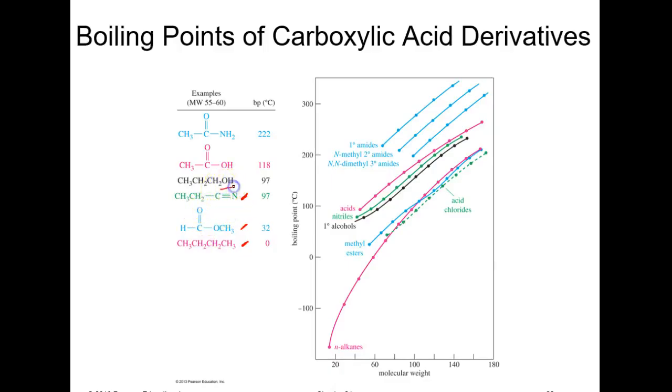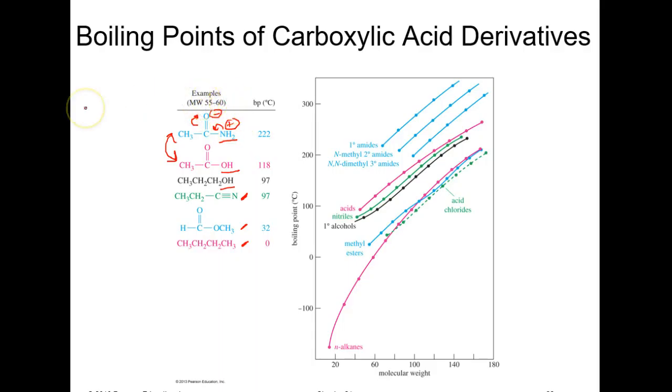Then you have an alcohol, which has quite a bit of hydrogen bonding. Then a carboxylic acid. Now you have an amide. A lot of people think that these should be switched. Do you think carboxylic acid has more hydrogen bonding than an amide? But remember what I said about the amide? The amide actually exists in this resonance form where you have a negative here and a positive here.